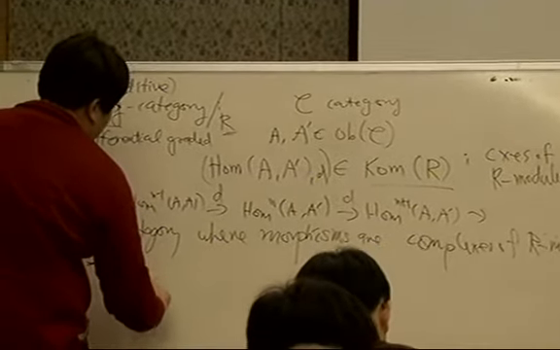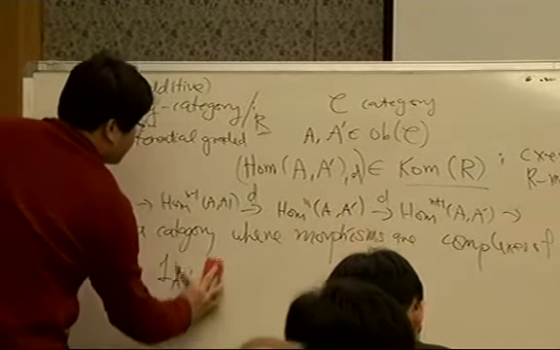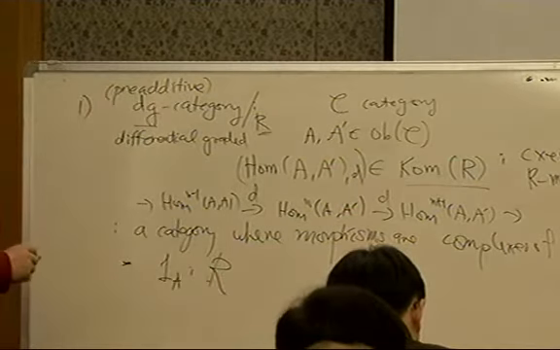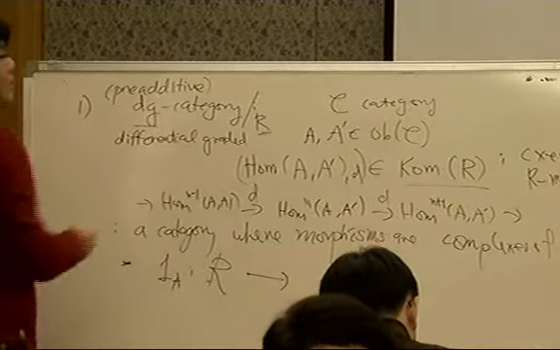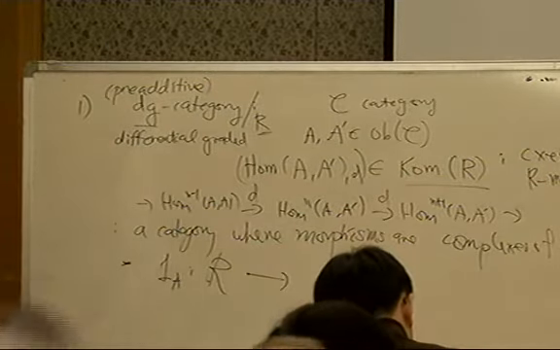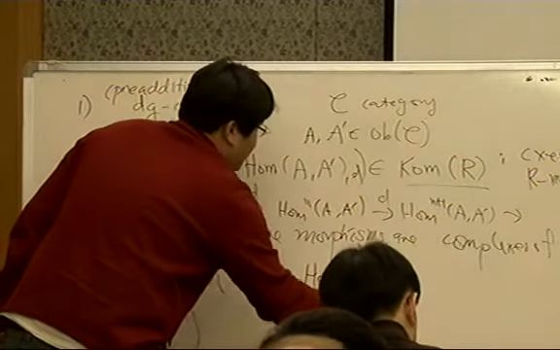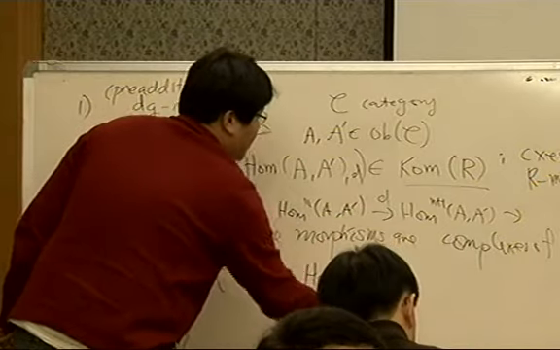For each object A, we can take R, the commutative ring with unity, which is regarded as the unity for the category Com-R, and we have the identity morphism from Hom(A, R) to Hom(A, A).